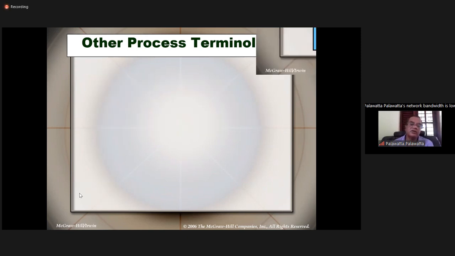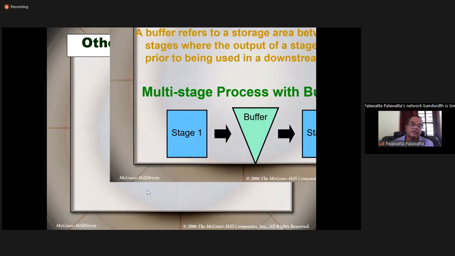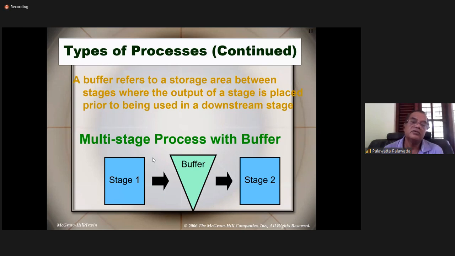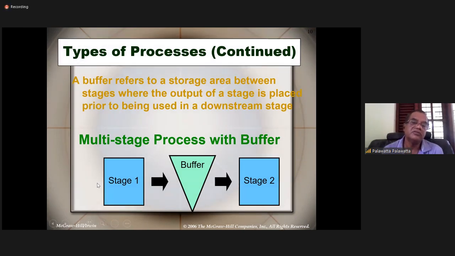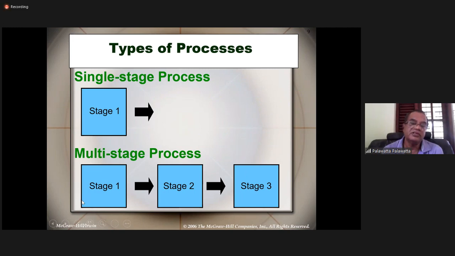So here, let's say you don't have a buffer. Imagine this situation. There are no buffers here. And then all the work worked out has to be taken by the stage 2 worker. And then what is worked out has to be taken by the stage 3 worker. After stage 1 is done, he doesn't have a place if stage 2 doesn't take it.